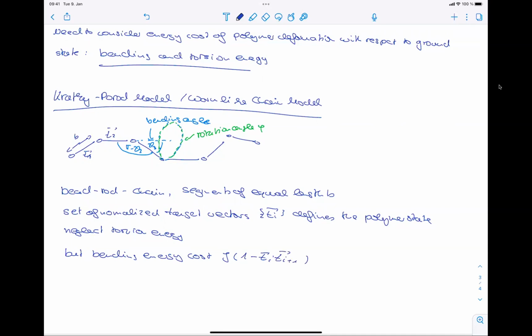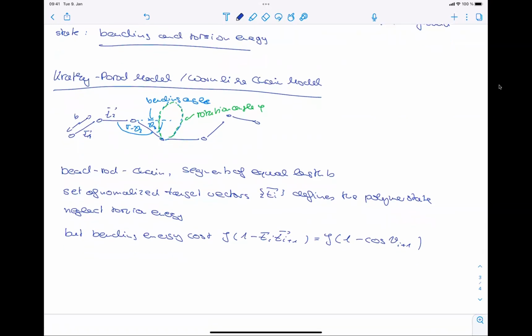Since I can write this product of normalized tangents also as the angle between them, you can see why this formulation of the bending angle comes into play. So that's the cost associated with different orientations of subsequent segments.